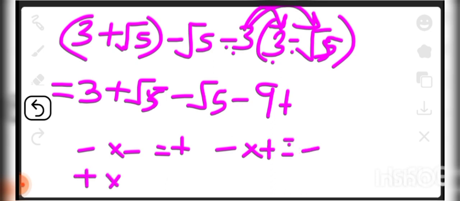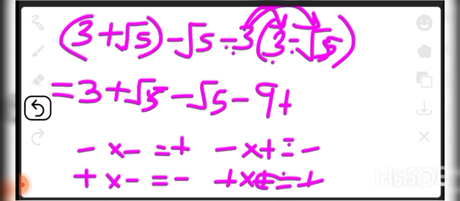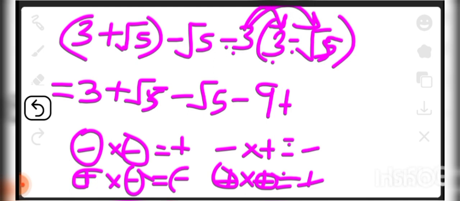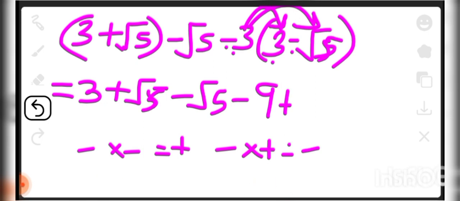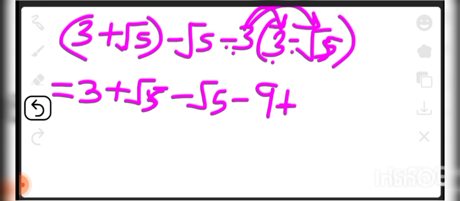Plus times minus will also be minus. Plus times plus will now be plus. So if the signs are the same, it becomes plus. If they are not the same, it becomes minus. Take note of that. It is very, very important. Now, if you multiply that minus outside, that 3, with that minus inside beside that root 5, it's going to give us plus. Then 3 times root 5 will give us 3 root 5.